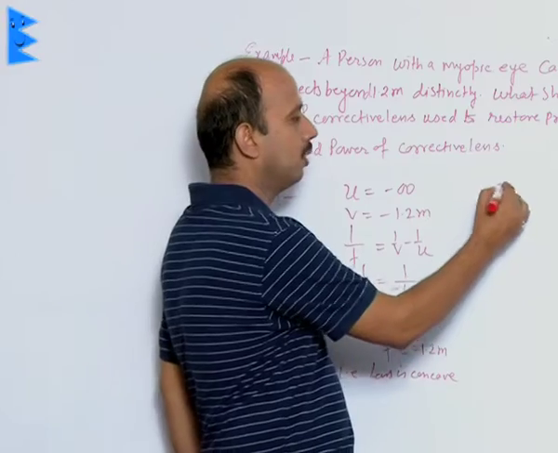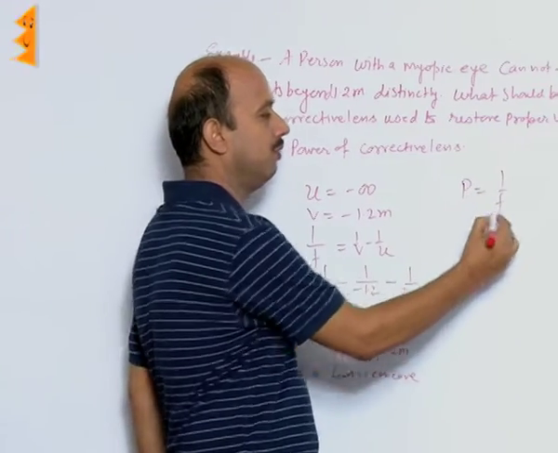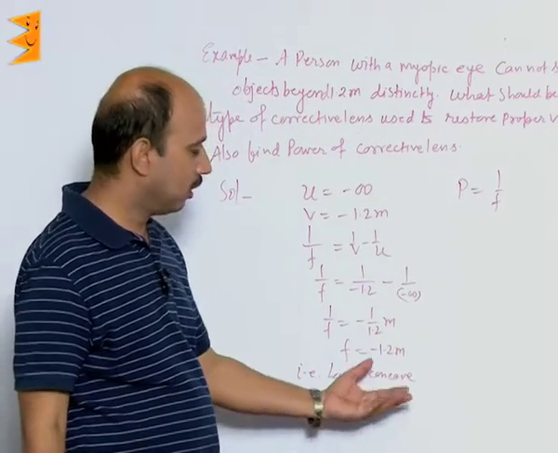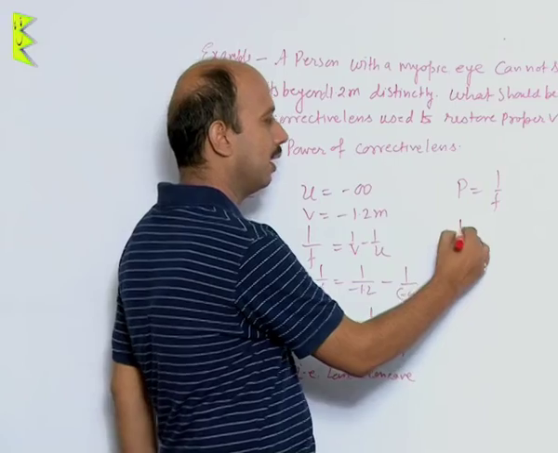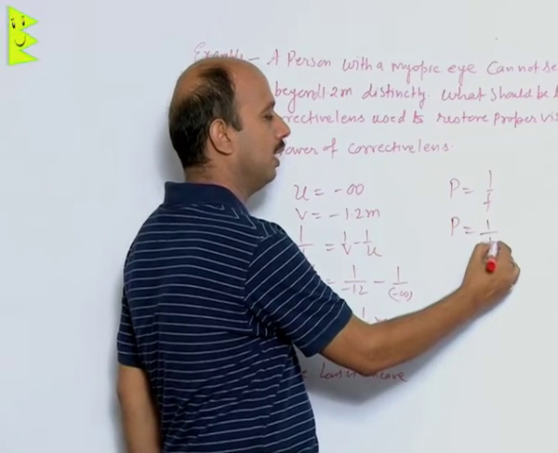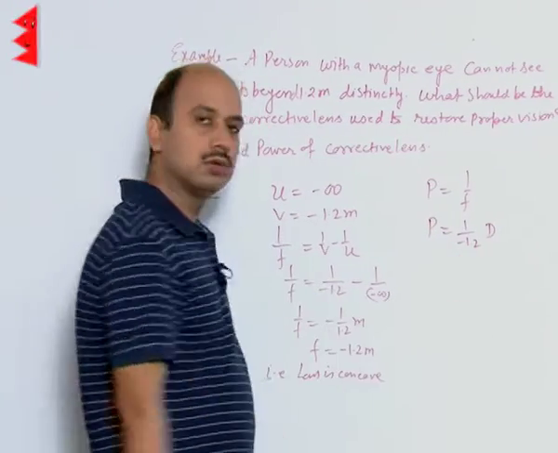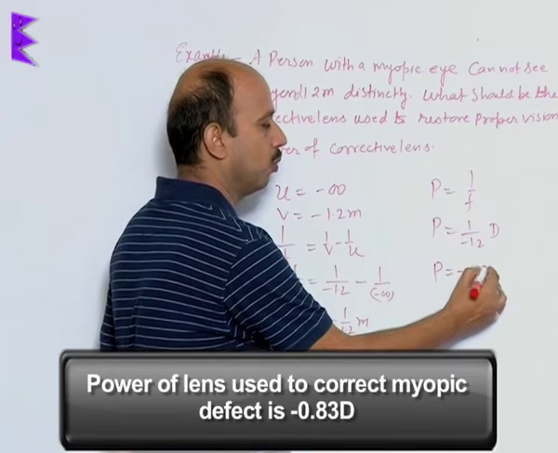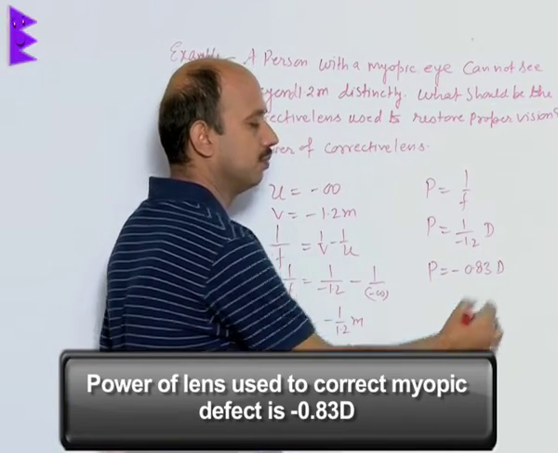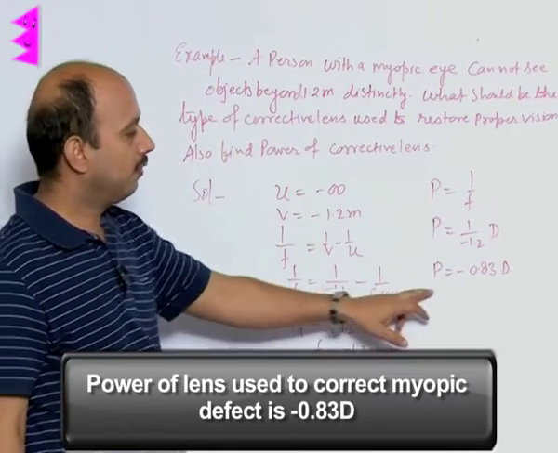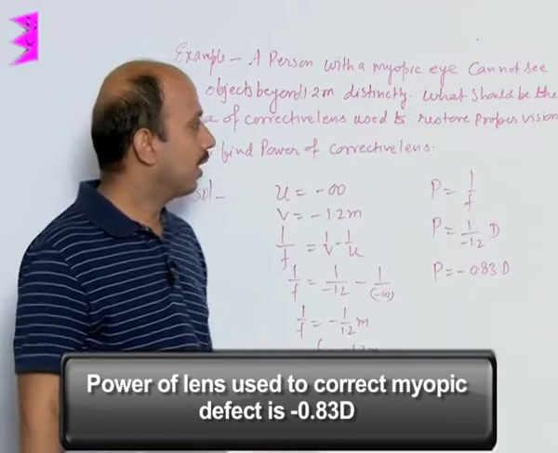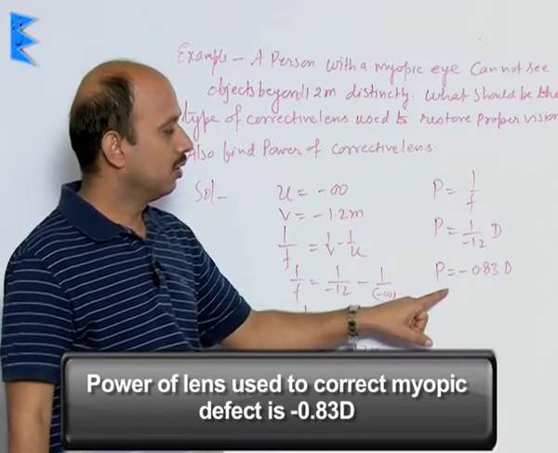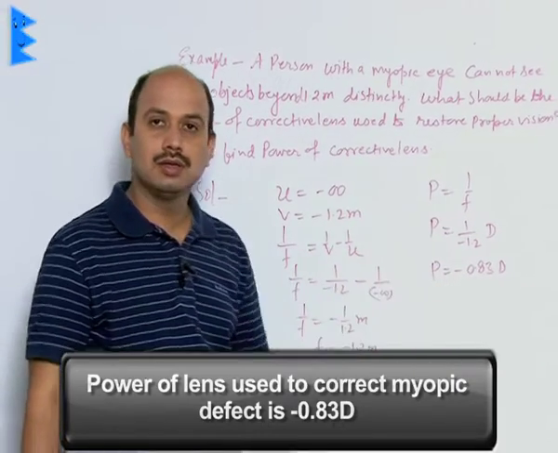You know power is equal to 1 upon f in meters, and the focal length is already in meters. So, we can write power is equal to 1 upon minus 1.2 diopter, and that will be P is equal to minus 0.83 diopter. So, the power of the lens used for correcting the myopic eye is minus 0.83 diopter.